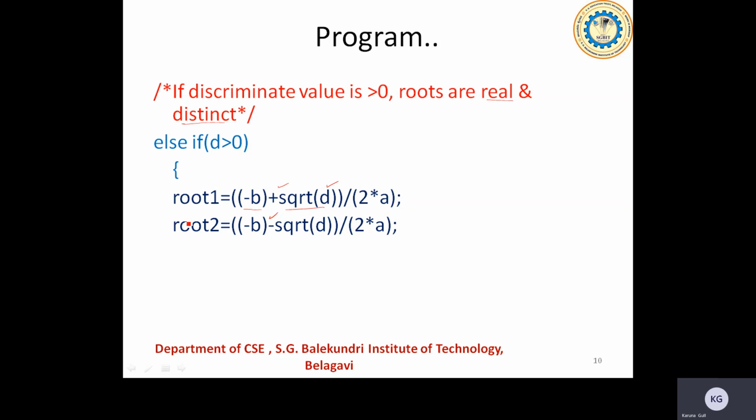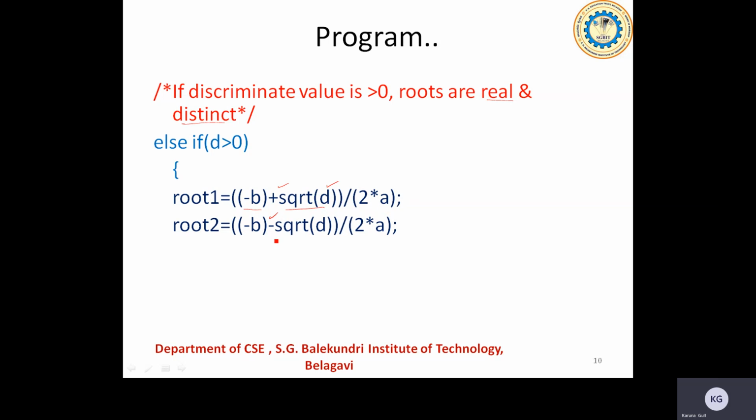So only that is the difference between root 1 and root 2. Whatever square root value I am going to get here, for plus it will be first added with the minus b there. In the second case, whatever square root of the discriminant I calculate here will be subtracted from the minus b there. Whatever result I get here will be divided by 2a.